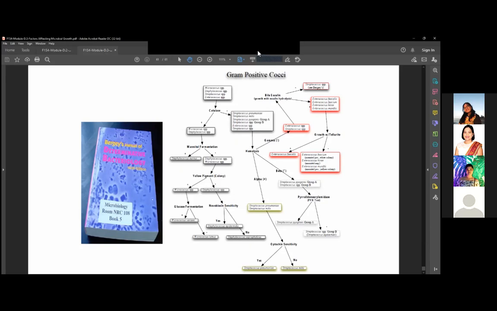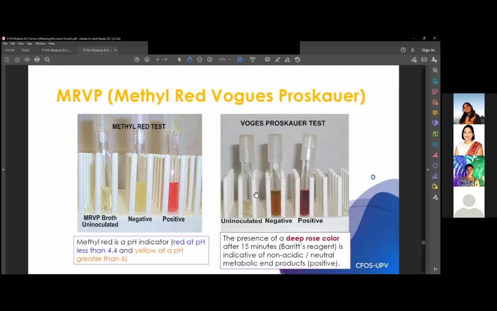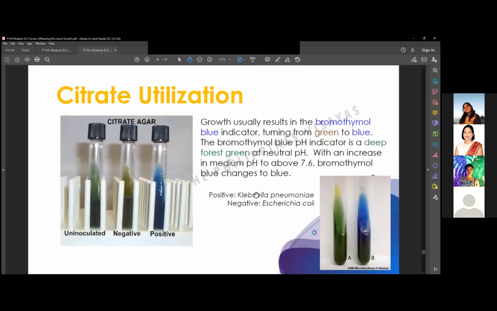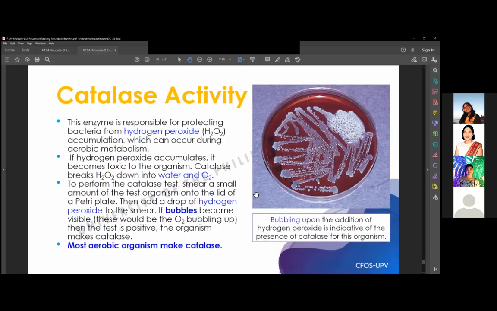Okay. So you just read this one, but we can go to slide number 54. I want to look at the IMVIC. Which slide was IMVIC? Ah, slide 51 pala si IMVIC.